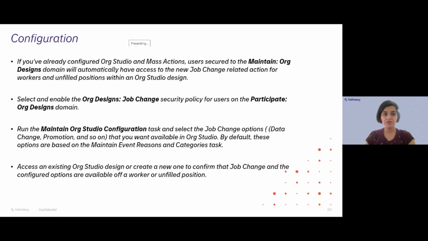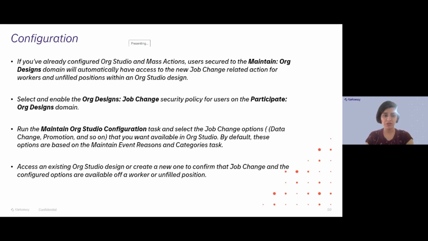If you have already configured Org Studio and Mass Actions, users secured to the maintain org domain will automatically have access to this new job change related action for workers and unfilled positions. For users who have access to participate in org design domains, you must give access to this additional org designs job change security policy.